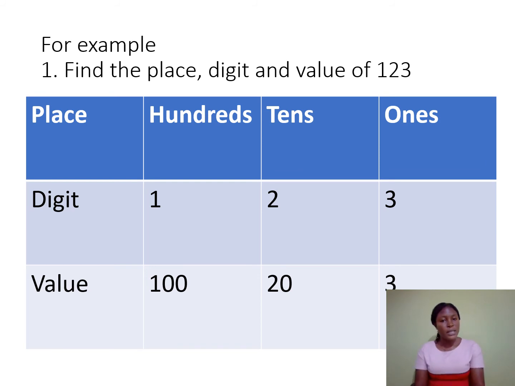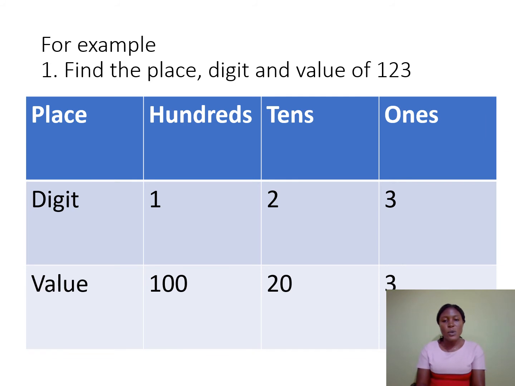Let's look at this example. We are to find the place, digit, and value of 123. Now we have the first row called place.